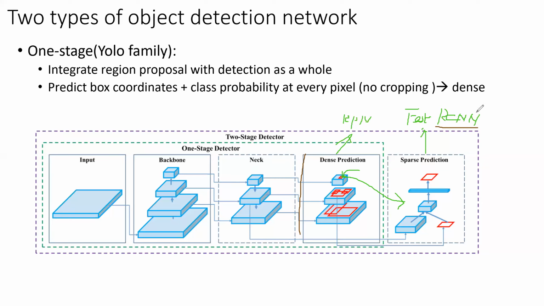So if it proposes a logo, but it does not belong to, for example, logo and input box, it will be rejected. Okay, so it will be somehow called sparse. Yeah, then maybe it has a class called background. So it has a class that is different from the rest of the classes. Then if this gets a large probability, it will be rejected. Okay.